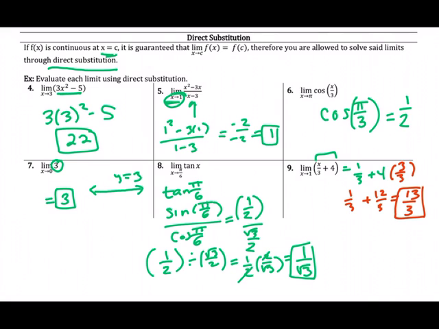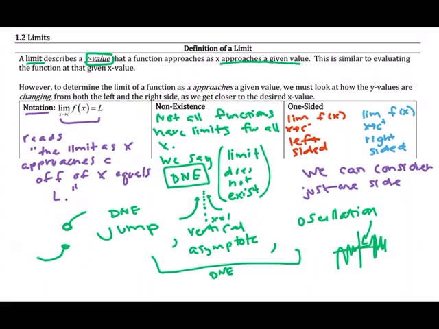So let's recap what we talked about. We talked about notation and how to read limits. The limit as x approaches c of f of x is equal to a number L, if that limit exists. We talked about the 3 reasons that a limit may not exist: jump, vertical asymptote, oscillation, and we talked about the notation and how to look at both left and right-sided limits.